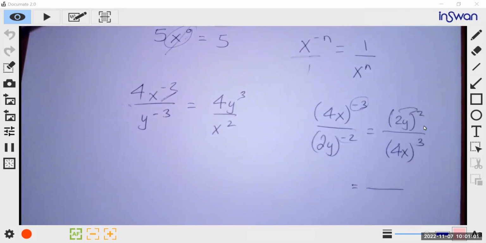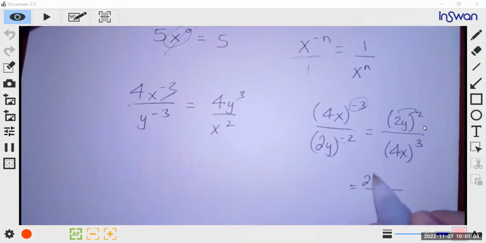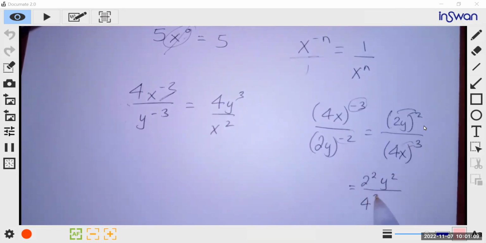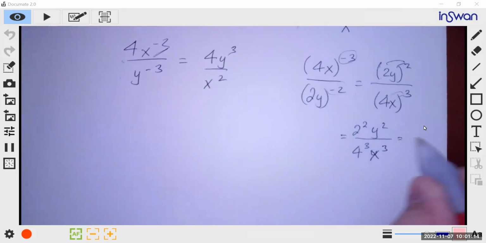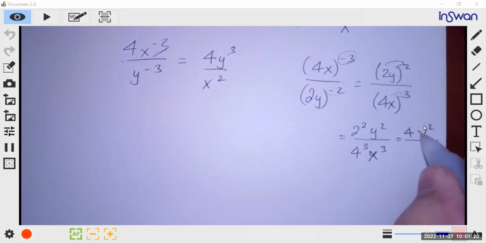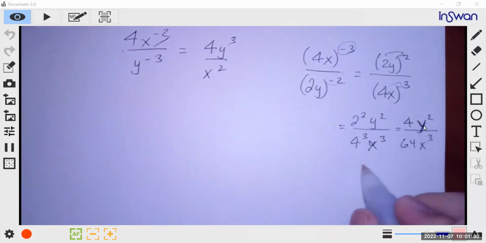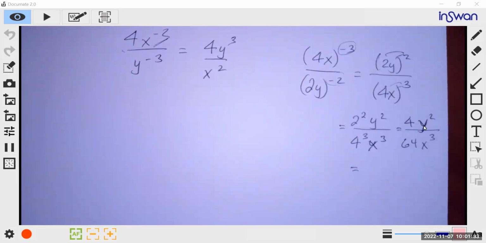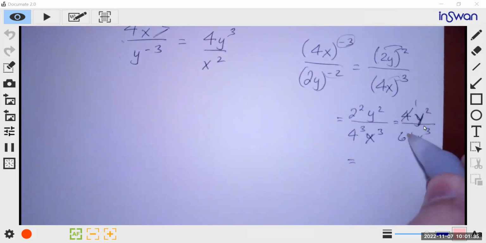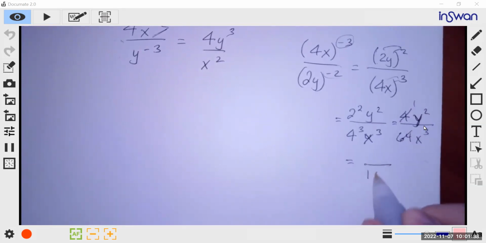Now I distribute: 2 squared y squared, 4 cubed x cubed, which means 4 y squared over 64 x cubed. The 4 goes into 4 once, 4 goes into 64 16 times.